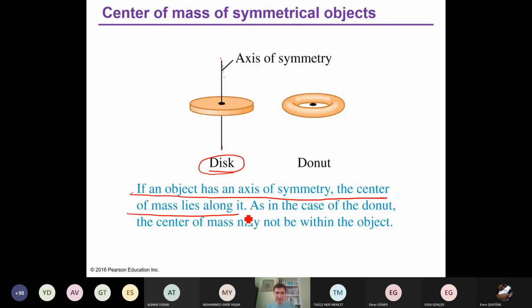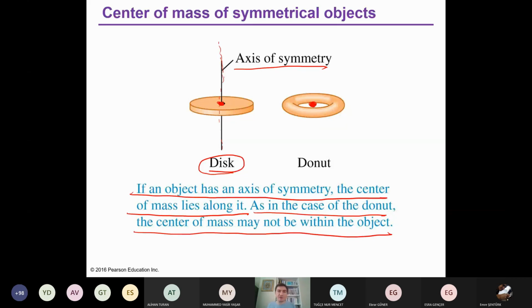So the center of mass is here on the axis of symmetry. As in the case of the donut, the center of mass may not be within the object. Look at this one, center of mass here. This is not within the object. Center of mass is here. So be careful with these things.